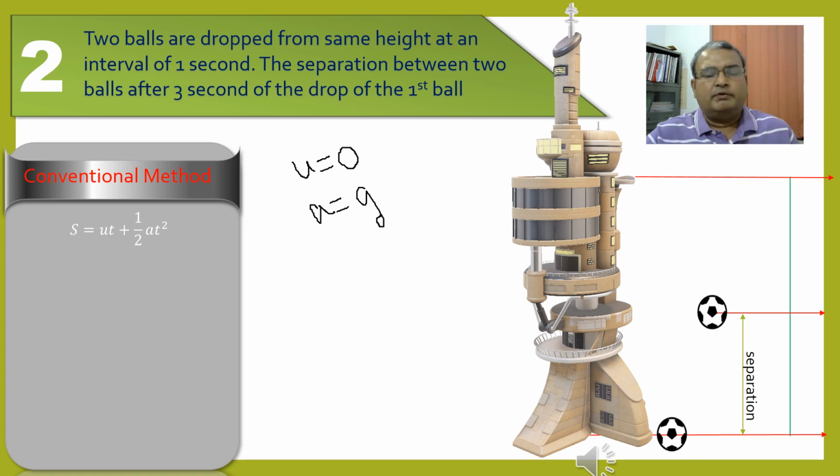We can substitute these two values for any height h: 0 multiplied by t plus half g t square means the equation is reduced to half g t square. Suppose the first ball is taking the time t1 and the second is taking t2.